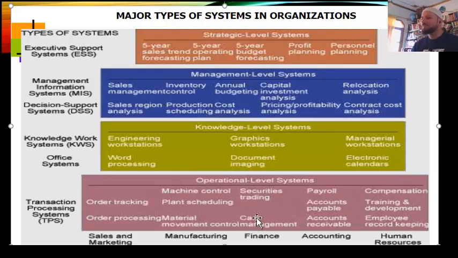These are all different departments. For example, in finance you have cash management and security trading as TPS. In a manufacturing department, there is machine control, plant scheduling, material movements. In sales and marketing, the TPS will be order tracking and order processing.